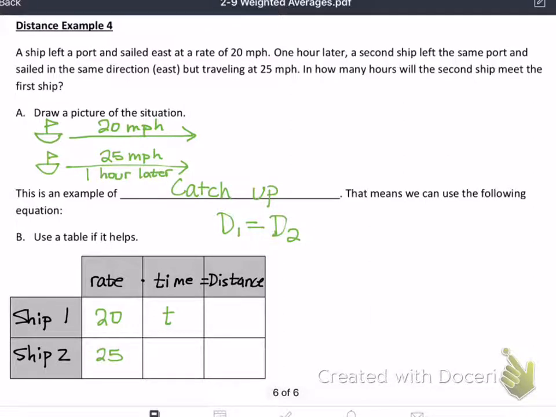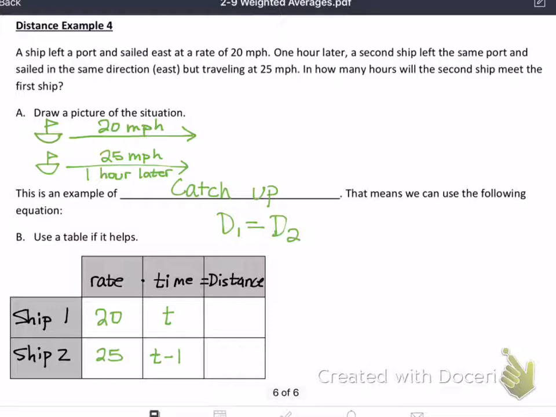What we know about ship number 2 is that it left 1 hour later, which means it's been traveling 1 less hour than the first ship. So t hours minus 1, right? So hopefully that makes sense to you.